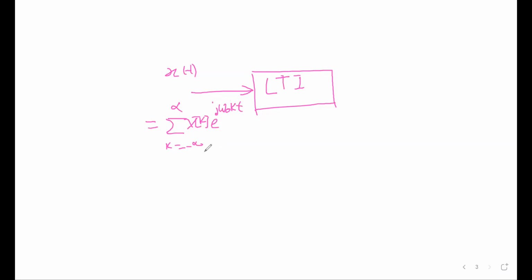This is equivalent to splitting your signal into an infinite number of constituents, which are the sinusoids or complex exponentials. Then the corresponding output would be the transfer function at the frequencies of your input signal, H(j omega 0 k), multiplied by e to the power j omega 0 kt, summed from k equal to minus infinity to infinity.